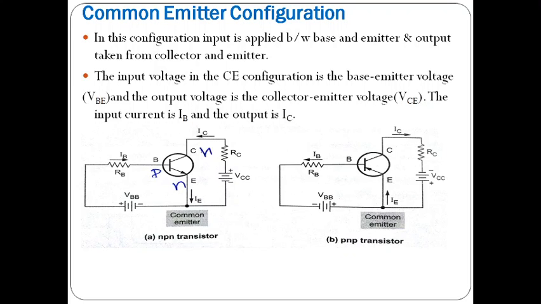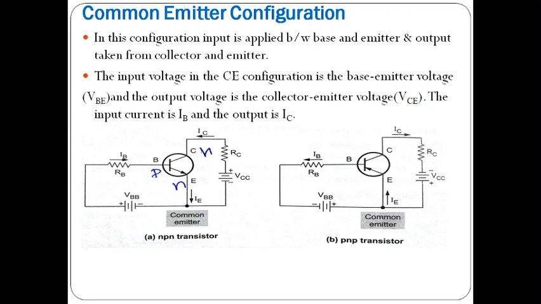The input voltage in the CE configuration is the base emitter voltage, VBE, and the output voltage is the collector to emitter voltage, VCE. The input current is the base current, and the output current is IC.